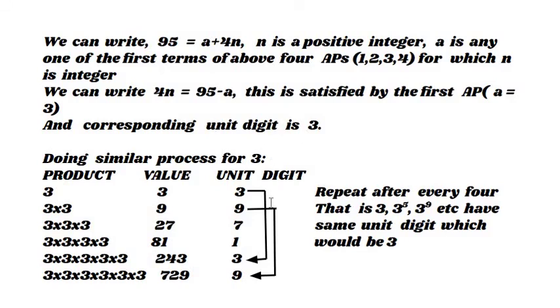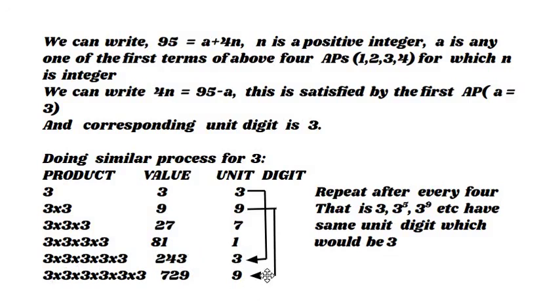Now repeating the same process for 3: 3 multiplied one time, unit digit is 3. 3 into 3 is 9, so the unit digit is 9. 3 into 3 into 3, 3 cube is 27, and the unit digit is 7. 3 raised to the power 4 is 81, unit digit is 1. And 3 raised to the power 5 is 243, and its unit digit is 3.